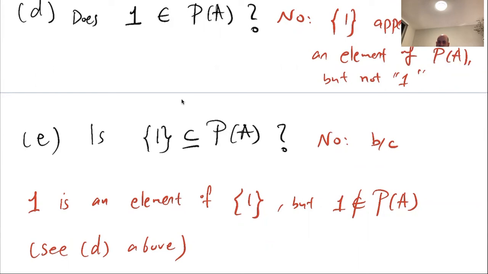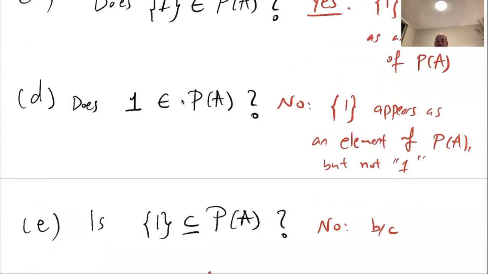The set on the left-hand side is a set with only one element, and that one element is number 1. Now, is number 1 an element inside the right-hand side set? Number 1 is not an element of the right-hand side set. This is what we established in part D.